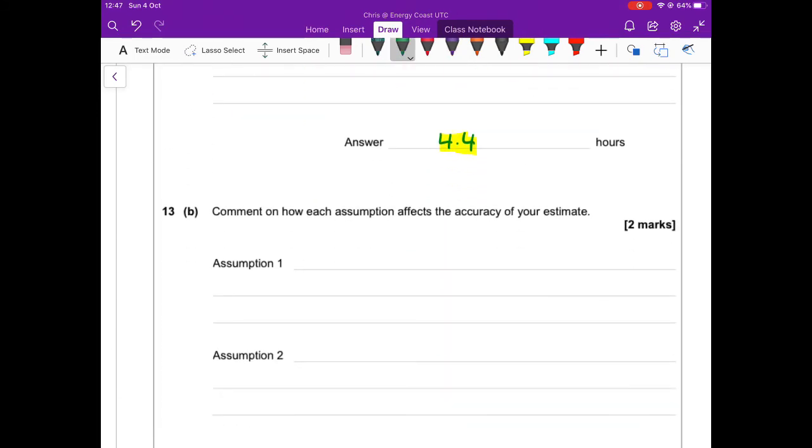So assumption 1 is going to say something like distance probably the longer, as the road won't be straight.